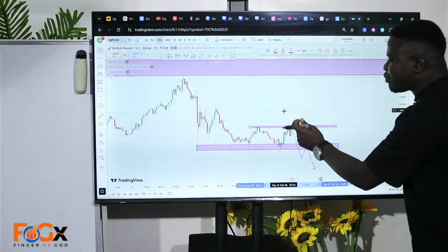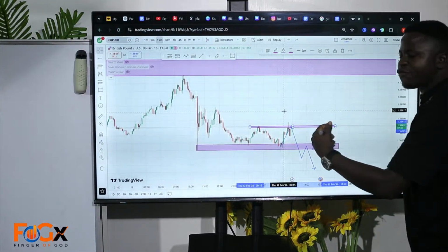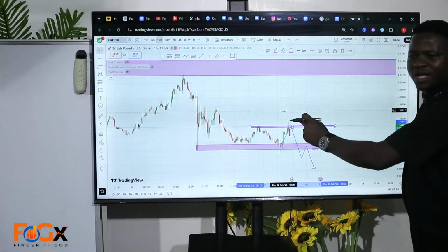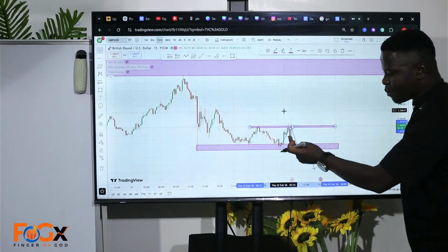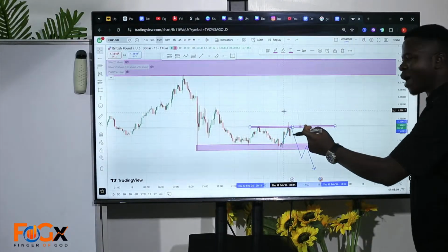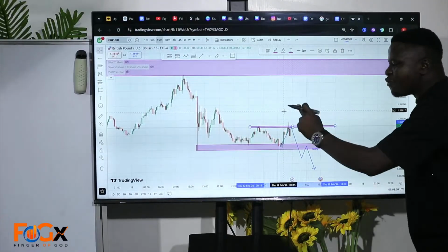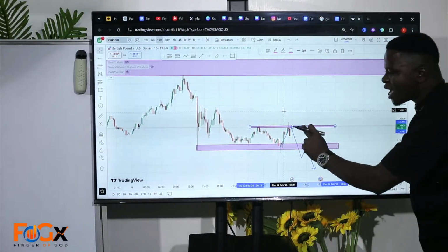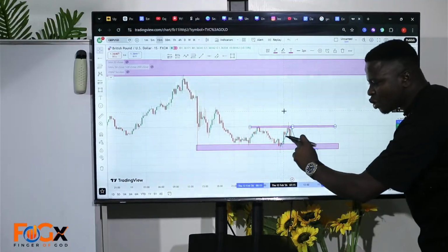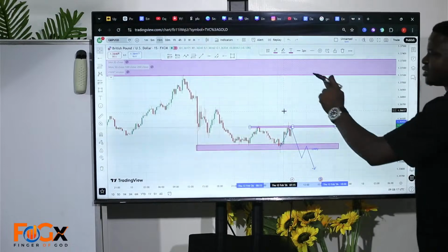If price breaks out of this region, you can enter aggressively after the breakout for a buy, and put your stop loss here. Or you wait for price to come back to retest that key area. Then from the key area, you enter your buy and place your stop loss below here. Take profit 1, take profit 2.